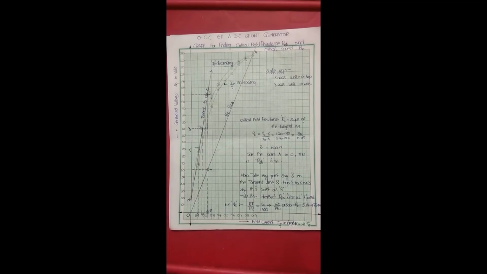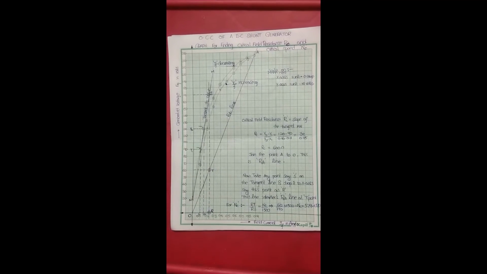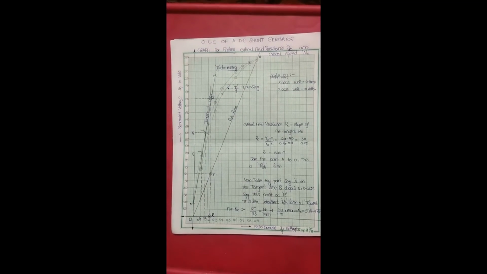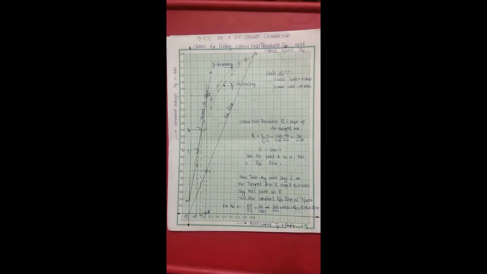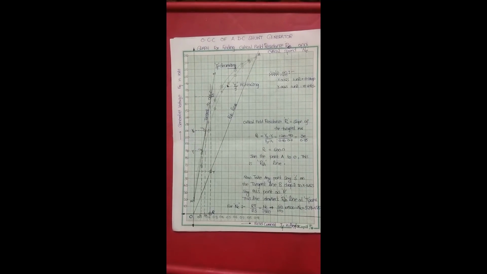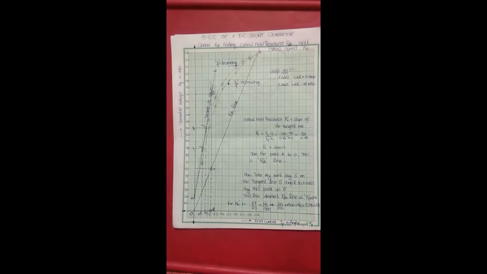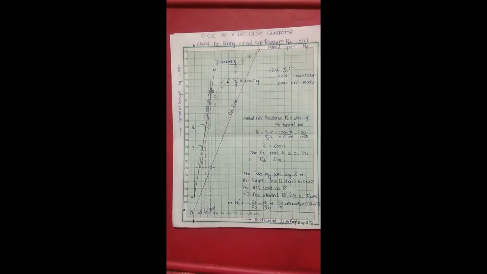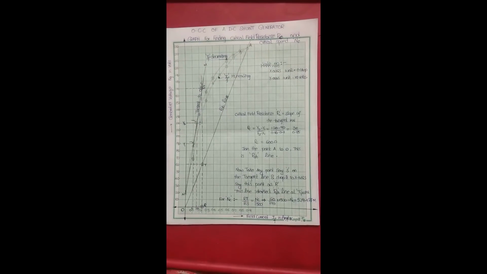Next I am going to draw the RSH line. For the RSH line, take any point S on the tangent line and drop it to the x-axis, and this point I marked as R here. When we drop a line from the critical field resistance line, the tangent to the OCC, onto the x-axis, this line will intersect the RSH line at the point T. From this we know the equation N2 by N1 equal to E2 by E1.